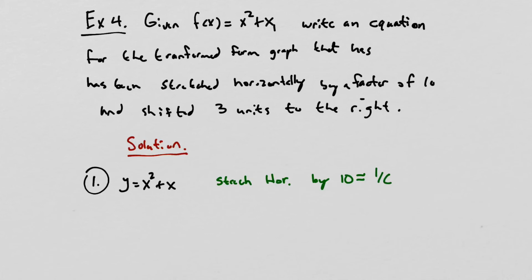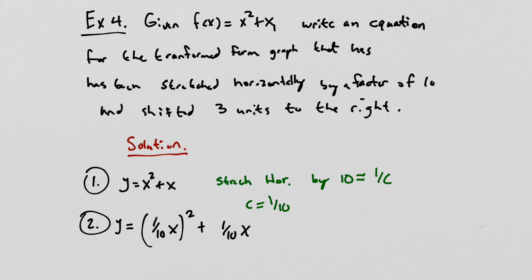And so c should be equal to 1 divided by 10, which means that our new function replaces the x's with 1 divided by 10 times x. So this becomes y is equal to (1 divided by 10 times x) squared plus 1 divided by 10 times x.